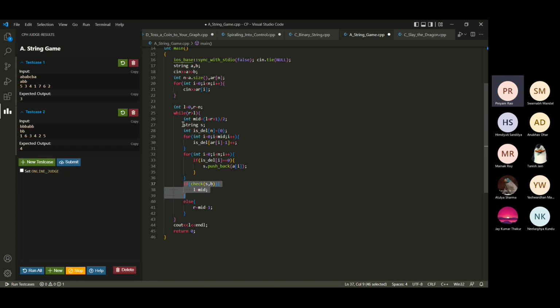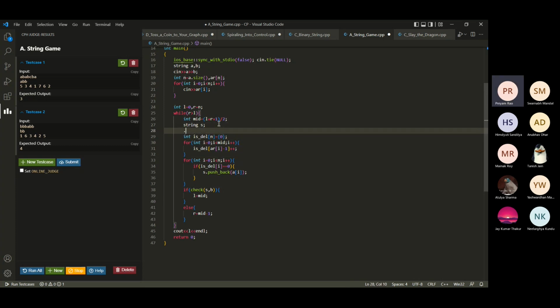We'll find a string s. Then we need to figure out if an index has been deleted or not. Now we'll go up to mid. Notice that mid is our answer essentially.